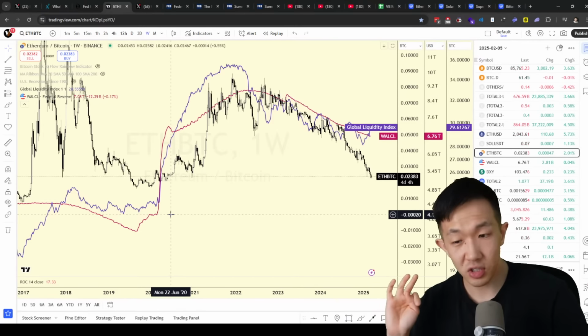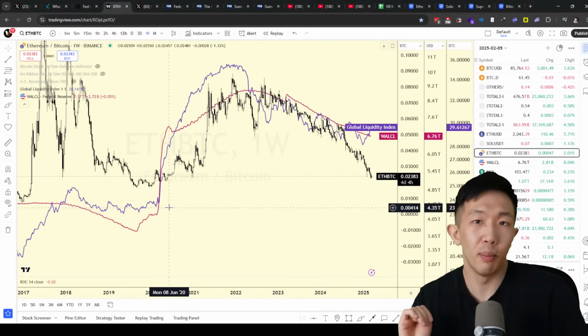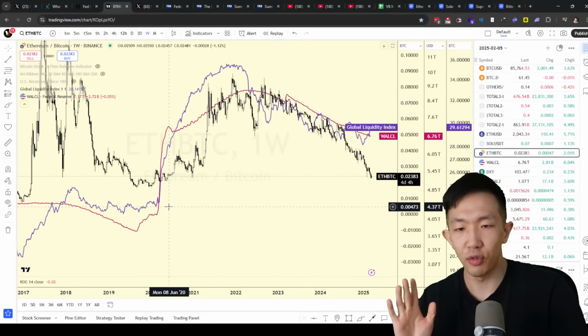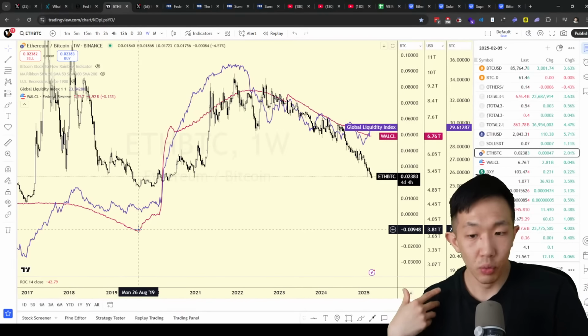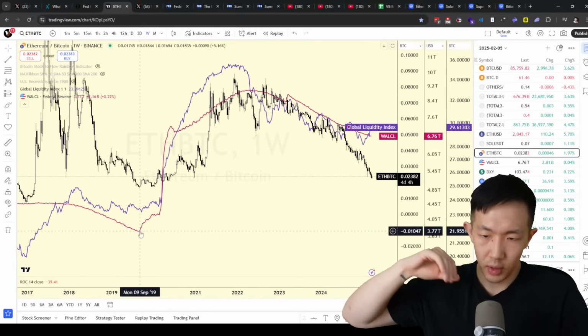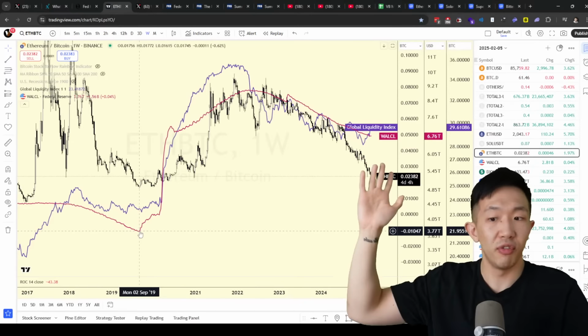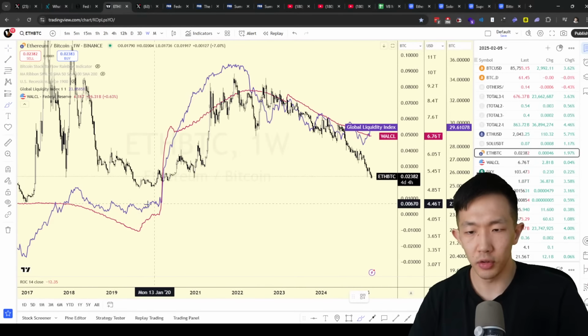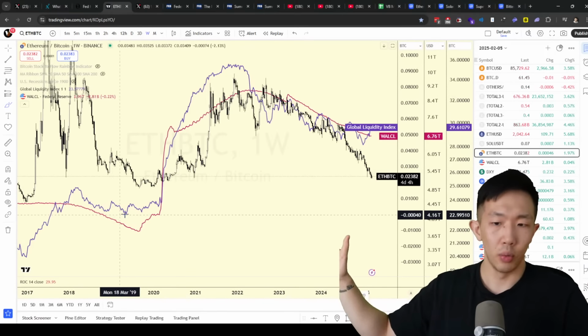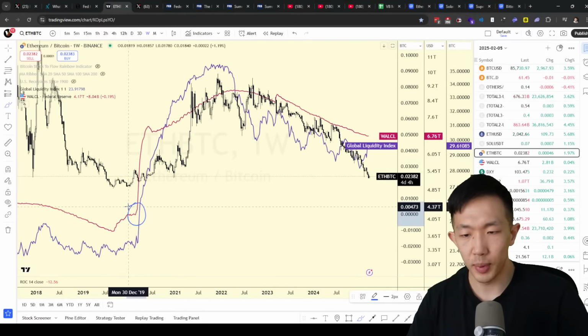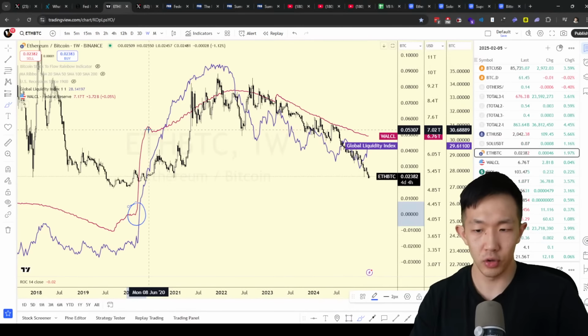So just stopping QT really might not have the full effect until the Fed's balance sheet can actually increase in a meaningful fashion again. So you see, global liquidity did not rise across the entire world until the Fed's balance sheet started to rise very dramatically.